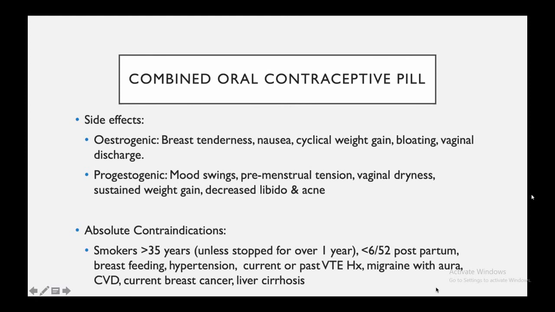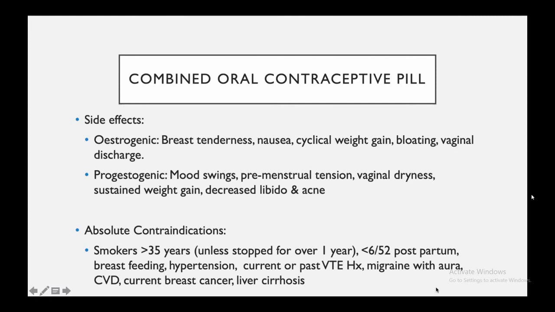When talking about absolute contraindications, the importance of gaining a contraceptive history, as mentioned earlier in the lecture, was to highlight your patient's social history, if they were smokers, and confirming the age and date of birth for these contraindications.